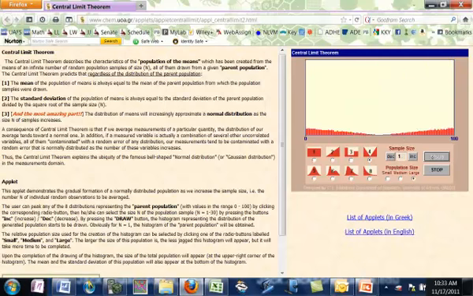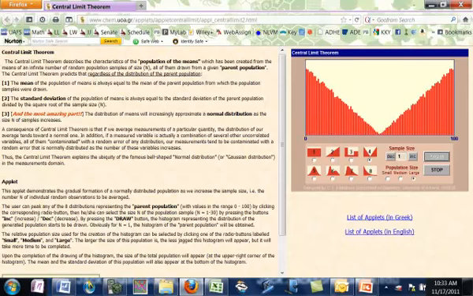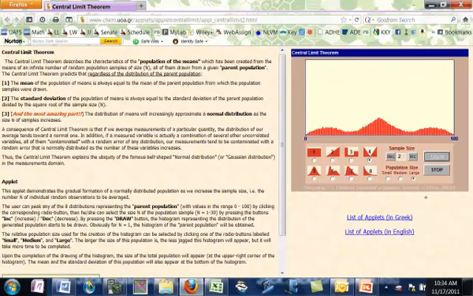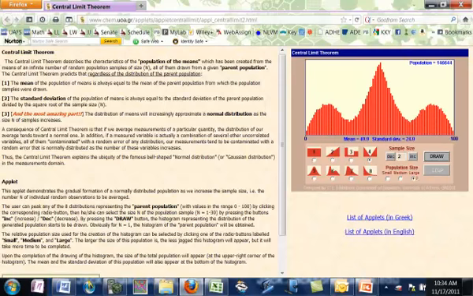What if we start with just a distribution that's kind of a V-shape? That's the distribution of individuals. Look what happens with the means. So we've got about 3 different peaks here.